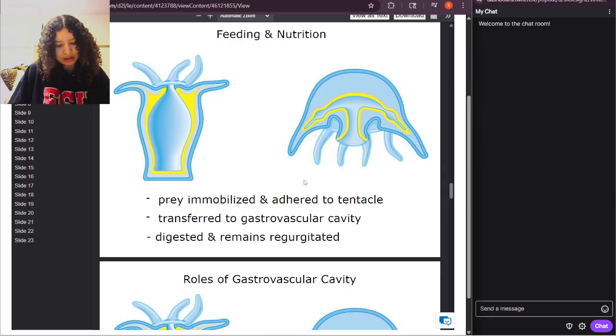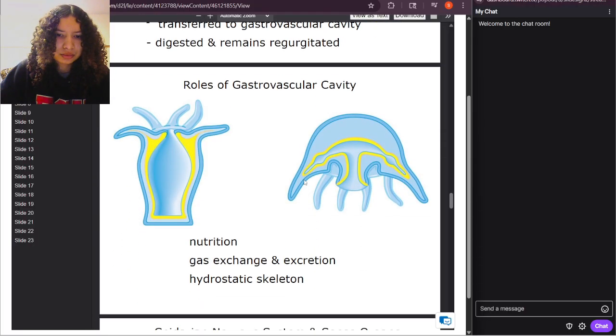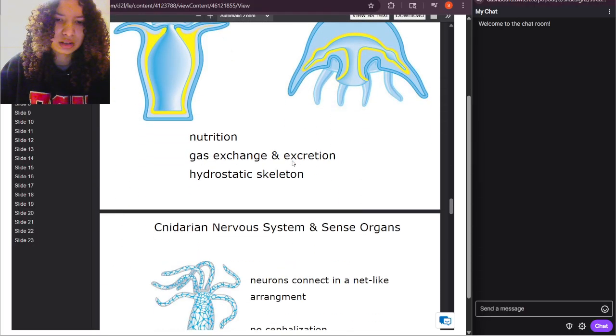So they immobilize their prey. Bring it to the gastrovascular cavity. And they digest it. Nutrition. Yeah.